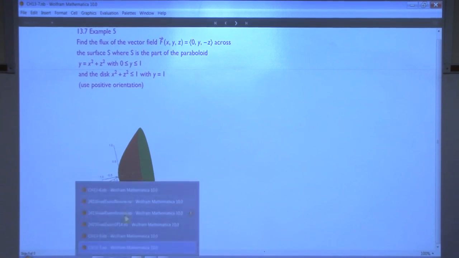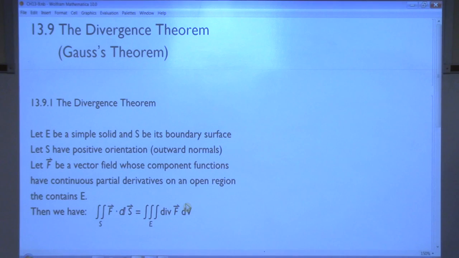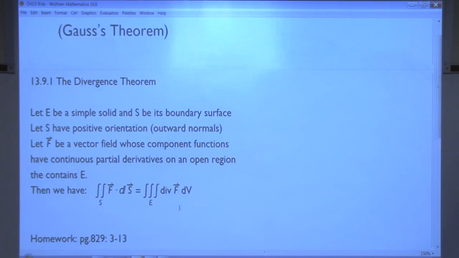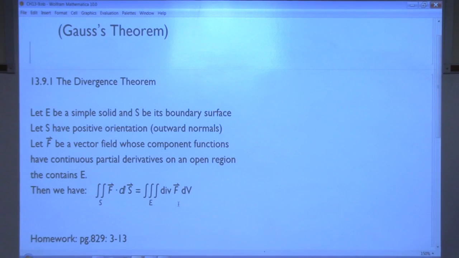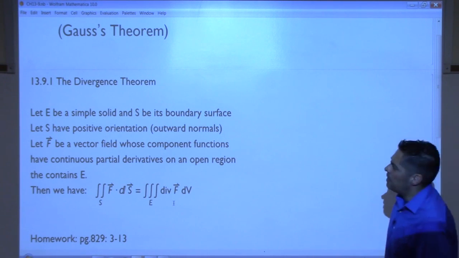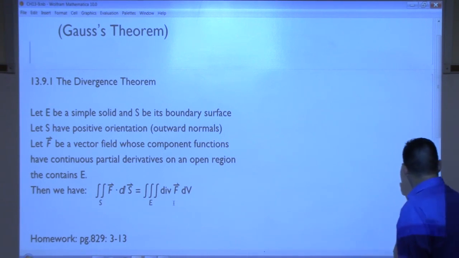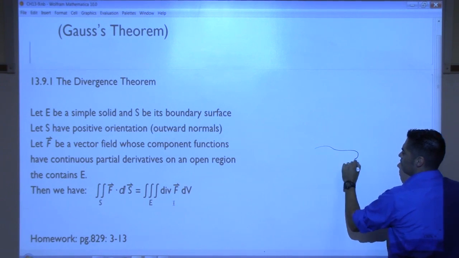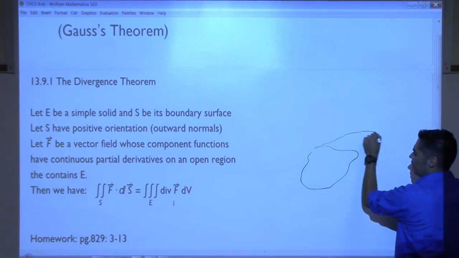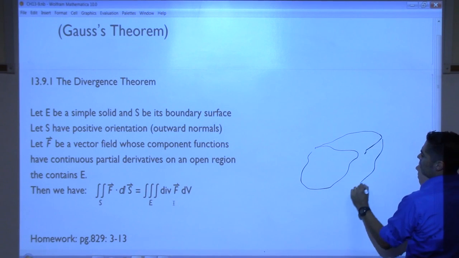So let's see. It's the almighty divergence theorem, also known as Gauss's theorem. And here's what it says. Let E be a simple solid and S be its boundary surface. So we have some three-dimensional solid sitting here in space.